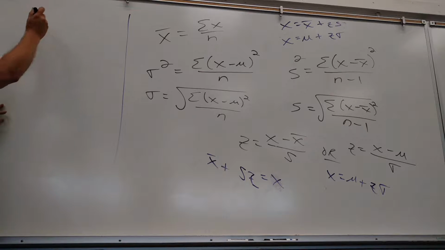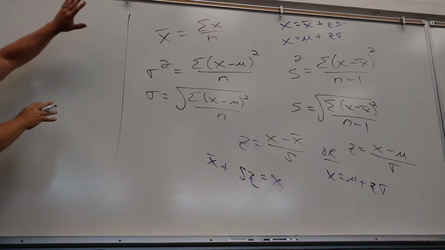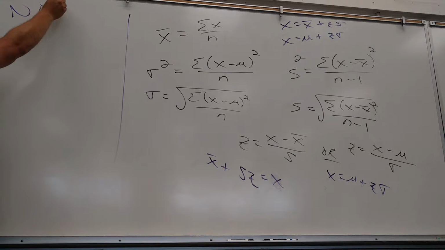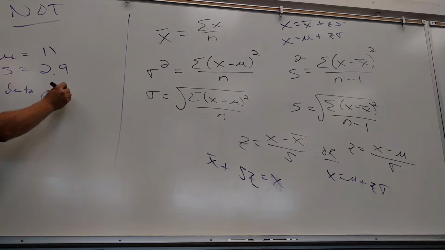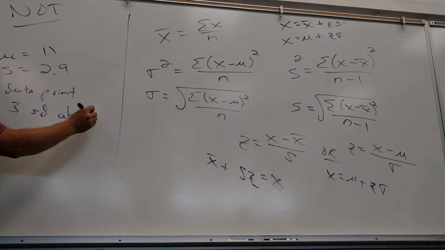All right, now. Watch this. This is the formula sheet. This is not. You put this stuff on the formula sheet, you lose points, right? This is an example, and this is straight from the homework, actually. If the mean was 11 and the standard deviation is 2.9, what data point is 3 standard deviations above the mean?